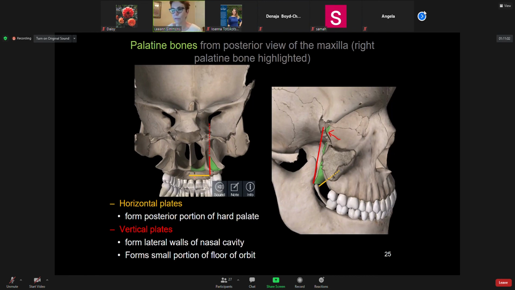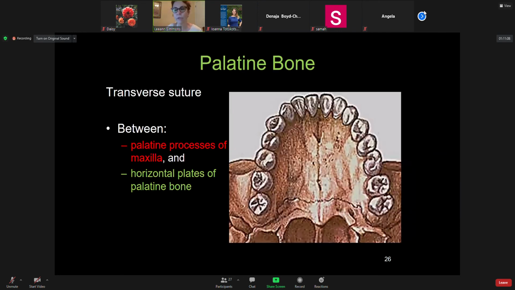It's amazing. The palatine bone ends up in the orbit of the eye. So there are some sutures associated with this bone. There is the transverse suture, this beautiful zigzag suture right here in the posterior region of the palate.